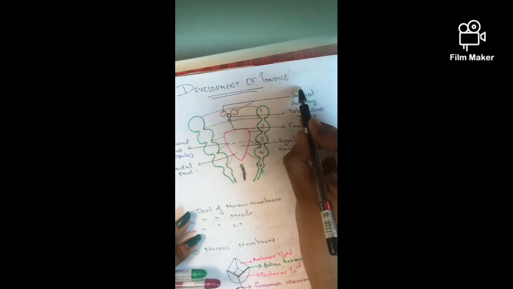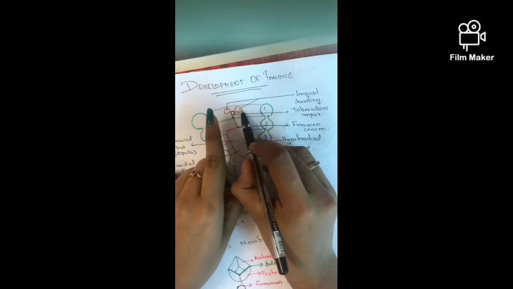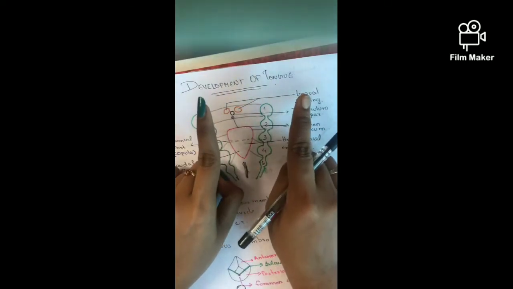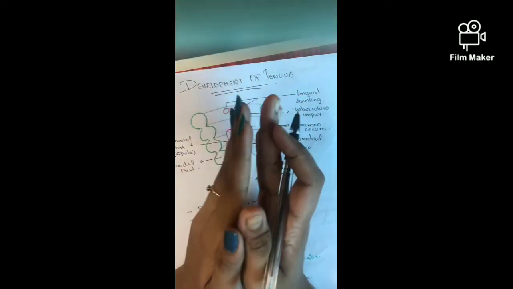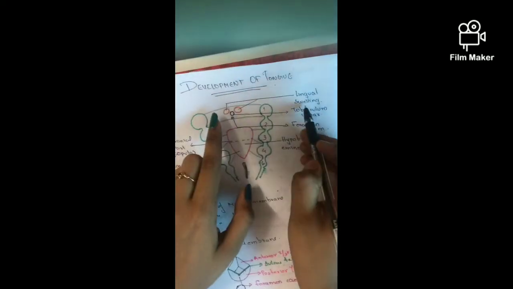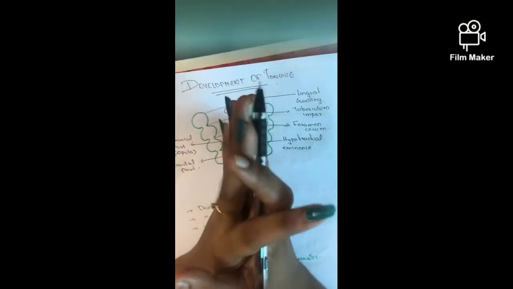As the tuberculum impar grows, by the 5th week, there are two lingual swellings, and these two lingual swellings grow, enlarge, and merge with each other.